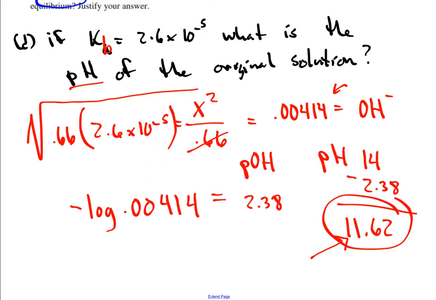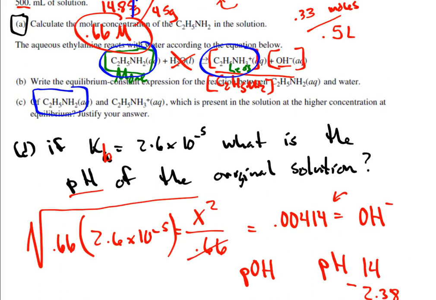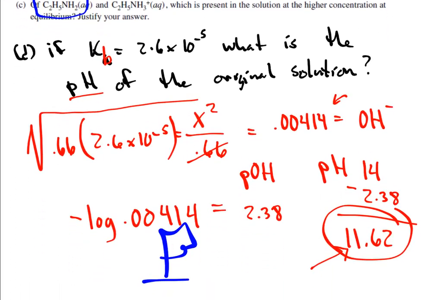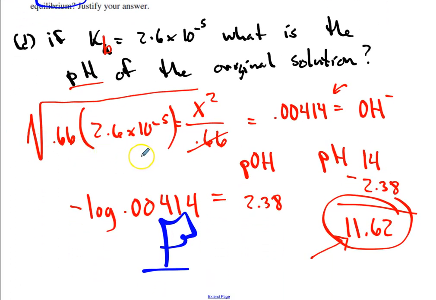So red flag, and I'm going to put a blue flag actually because all this problem is red. Terrible looking flag, but I don't care. I should have read it more carefully. If it's a base, you have to do just that one more step. You do all the math the same, but you have to remember that when you do the math, you're finding pOH. So the extra little nugget is you have to subtract that from 14.